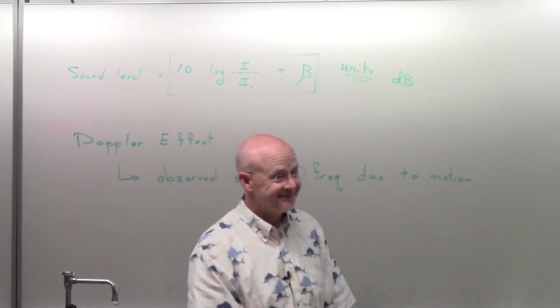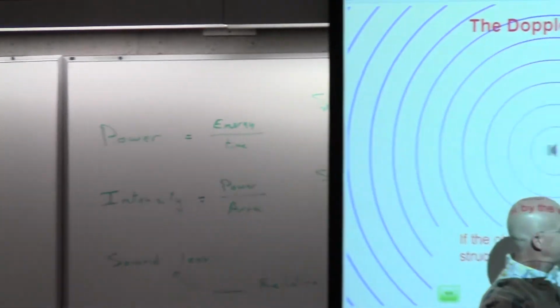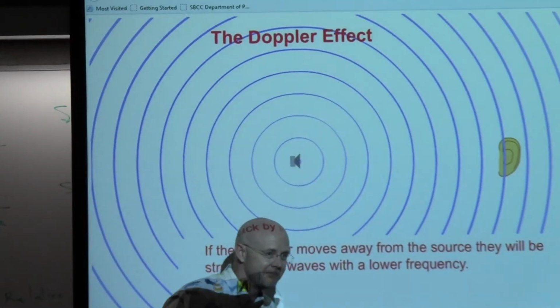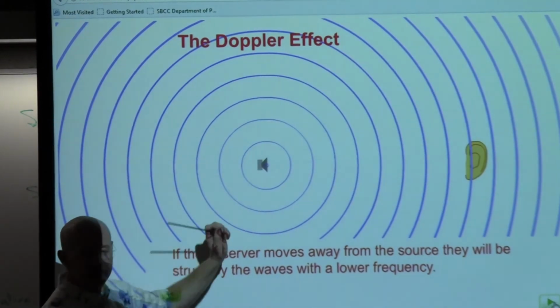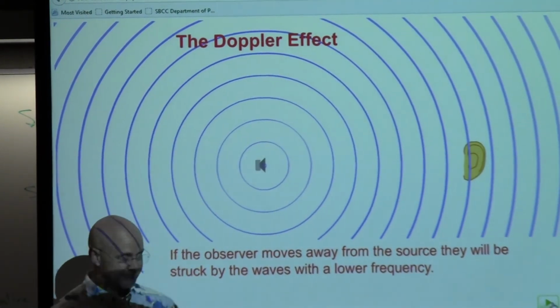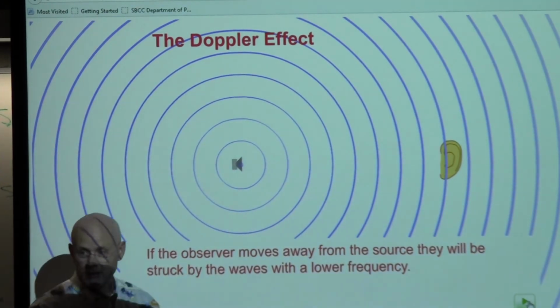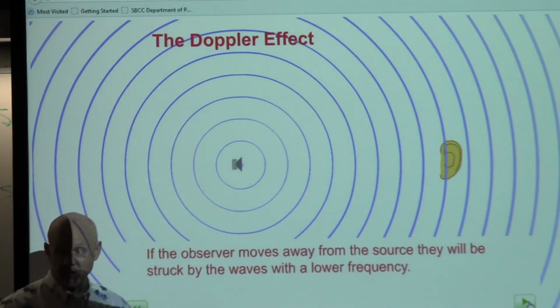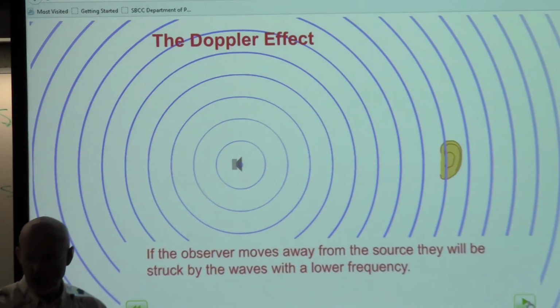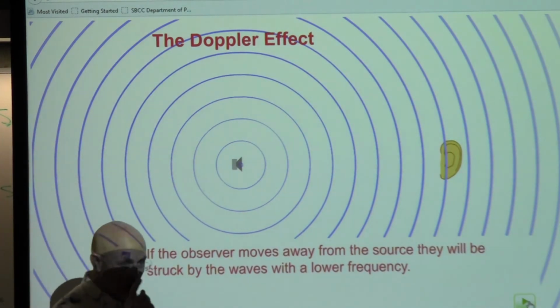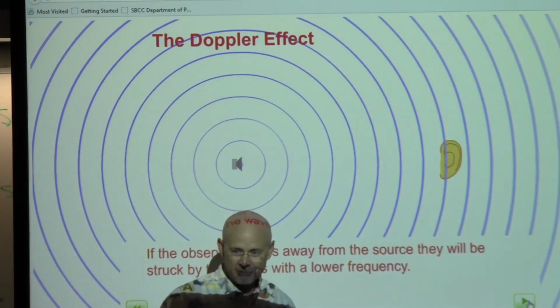It gets better. What if the observer is not moving, but the source is? O, observer. S, source. You can see we're going to do some labeling with equations, and we're going to have O's and S's. O is for observer.